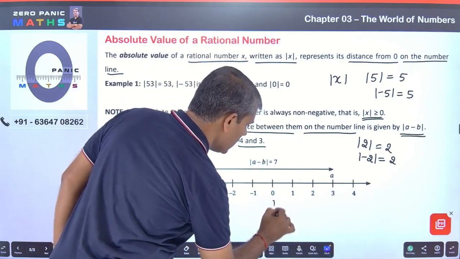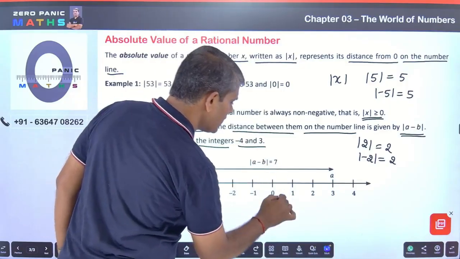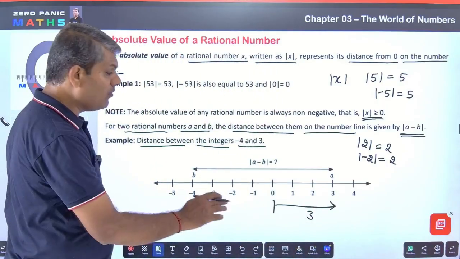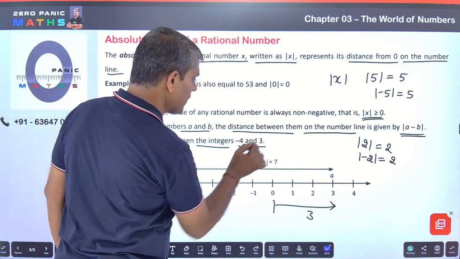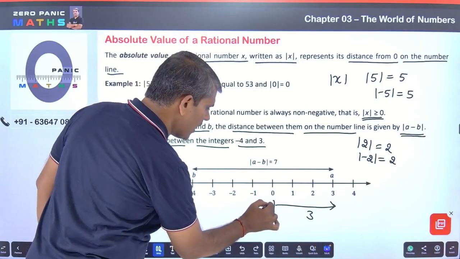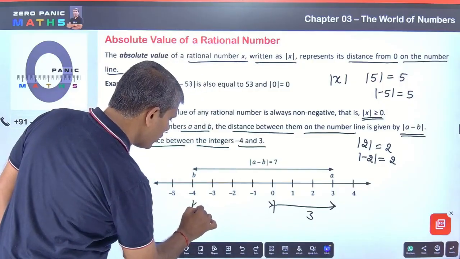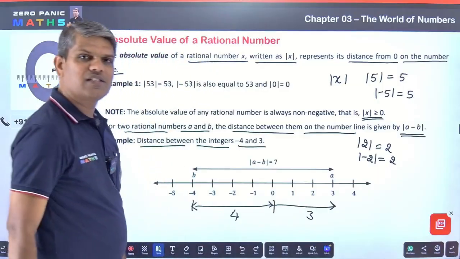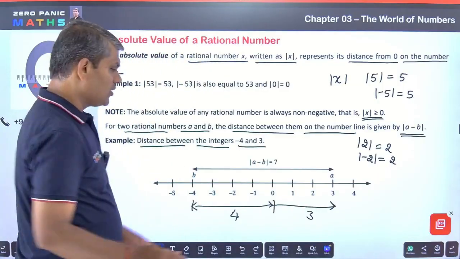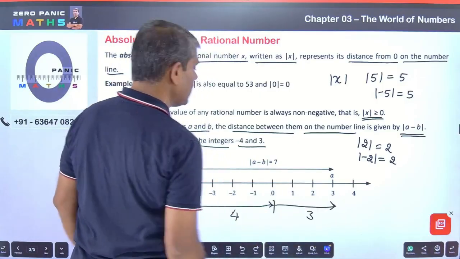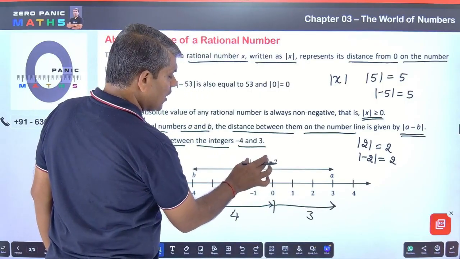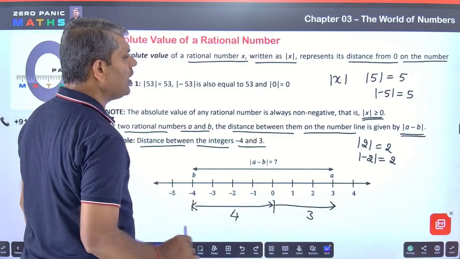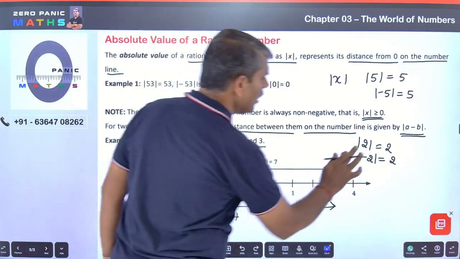If you represent 3, it is 3 units from 0 to the right, because it is plus. And minus 4 is 4 units to the left. So 4 plus 3 is 7. You understood, right? The distance is 7 units, and the absolute of a minus b is 7.